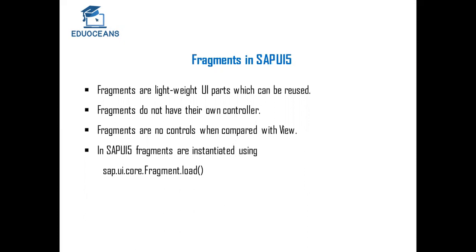That dialog is a part of the fragment. Dialogs are a special kind of control which are not part of the view. They always appear on top of the view content. So that's why for dialogs we normally use fragments, because they are not included in the view and are always displayed on top of the view.